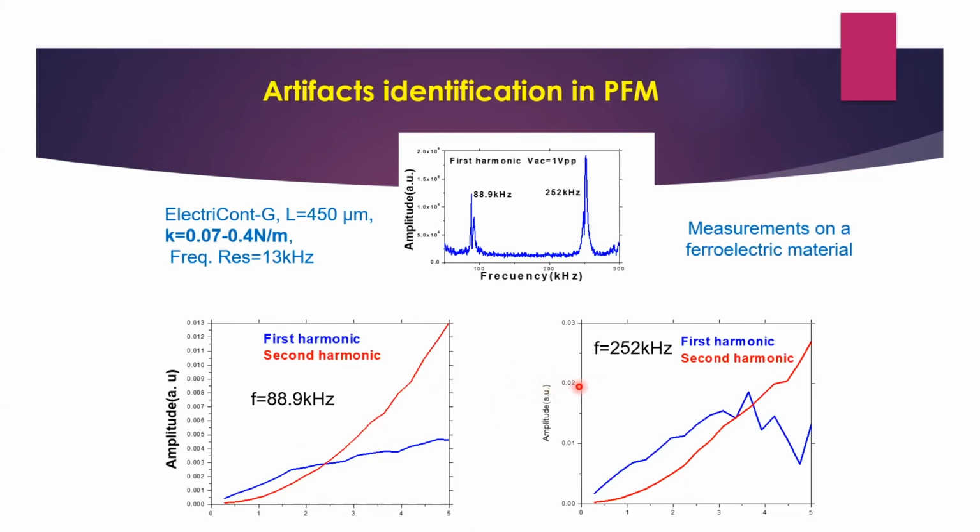This measurement was made in a ferroelectric material, and this criteria of the second and first harmonic doesn't work if you use a high voltage.